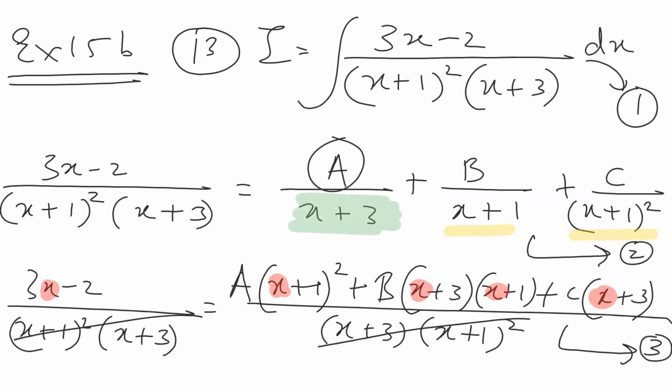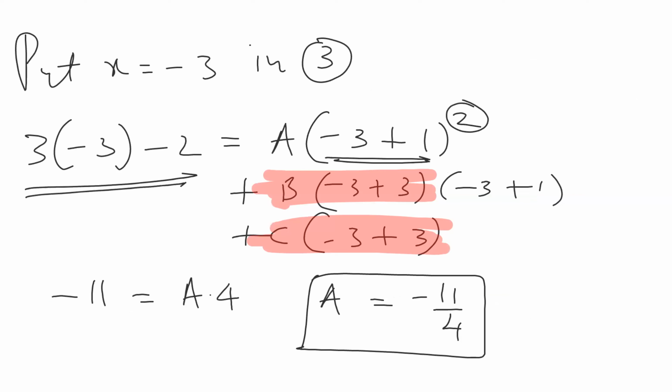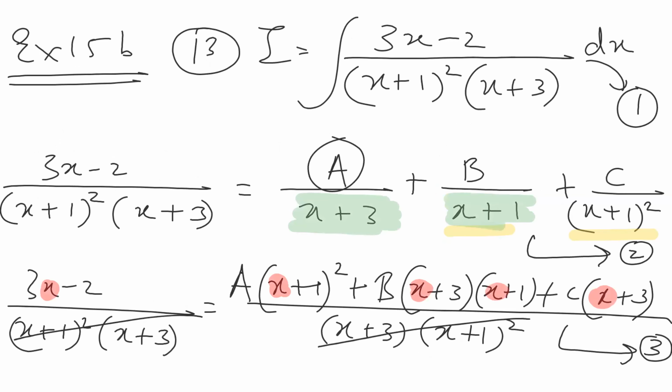Now equate x plus 1 to 0. When we equate x plus 1 to 0, we get the value of x as minus 1. So put x equal to minus 1 in equation number 3. Once you do that, let's see what happens.